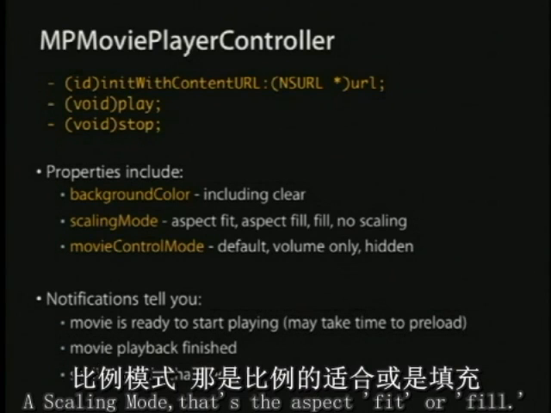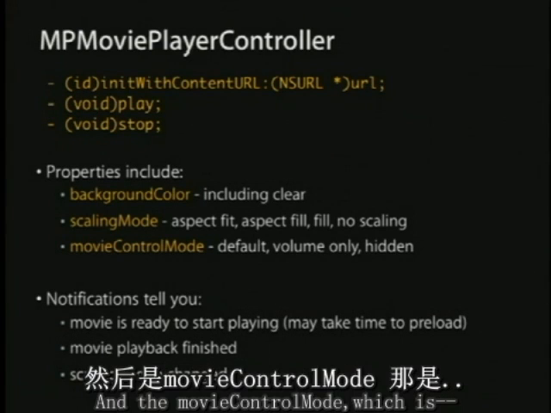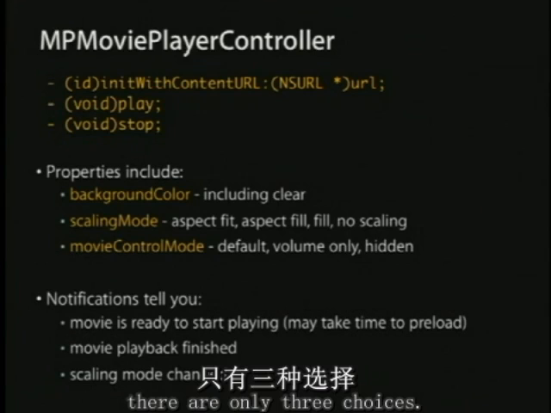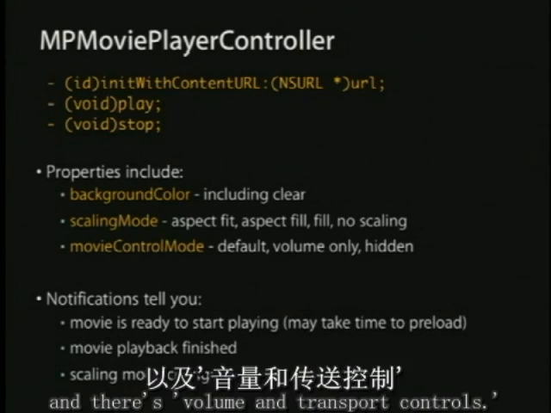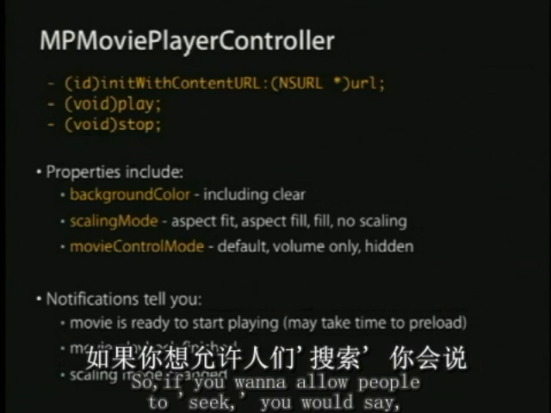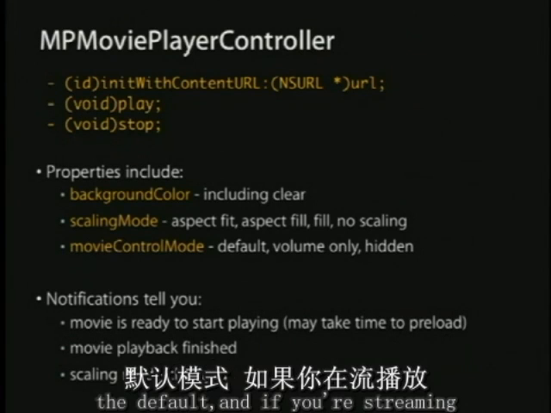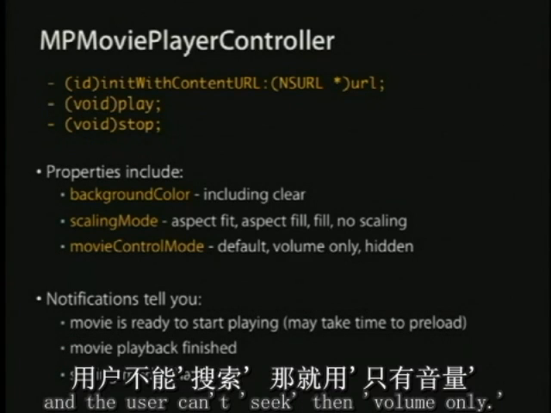Scaling mode is the aspect fit or fill. And the movie control mode has only 3 choices: no controls, volume only, and volume and transport controls. If you want to allow people to seek, you would use the default. If you're streaming and the user can't seek, then use volume only.